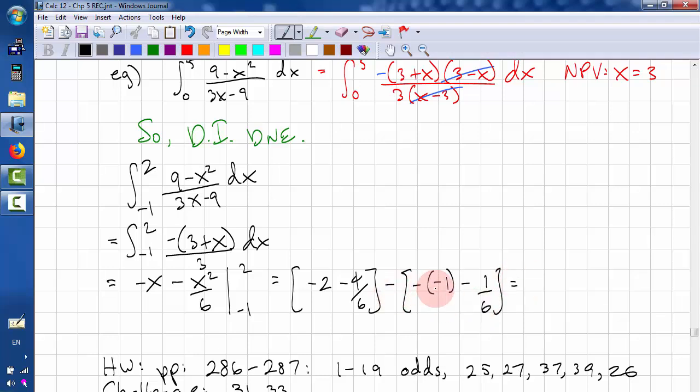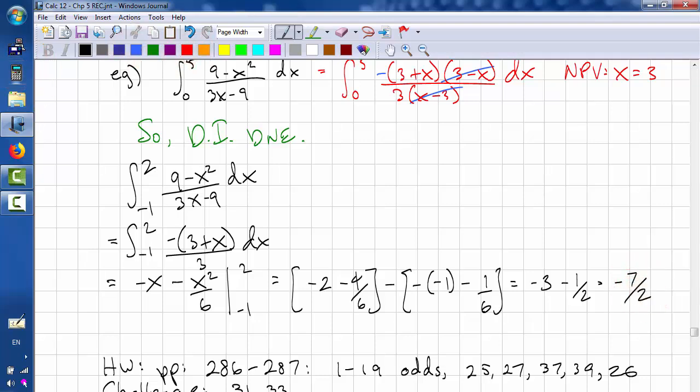Here we have 3 negative signs, so it's -1. We have -2, so that's -3. We have -4 over 6. We have 1, 2 negative signs, so that's positive 1/6. So we have -1/2. So we have -7 over 2.